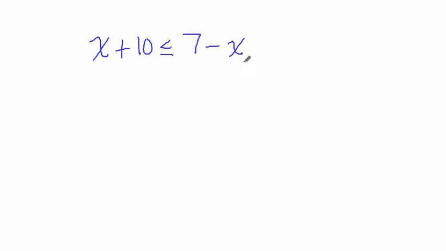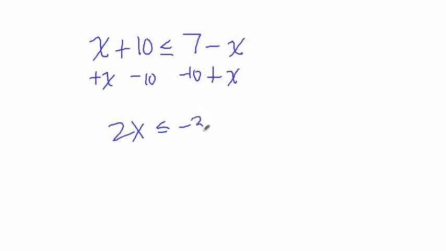So if this was an equal sign, let's just pretend that the less than or equal was really an equal sign. I would add x to both sides, subtract 10 from both sides. Then I'd get 2x is less than or equal to -3. Then I might divide both sides by 2.